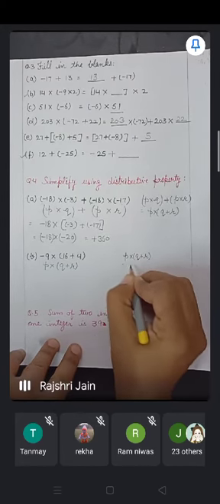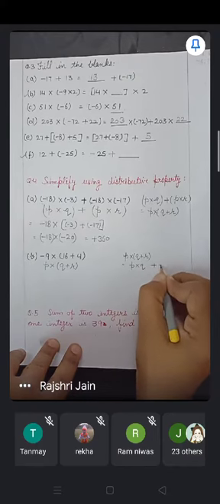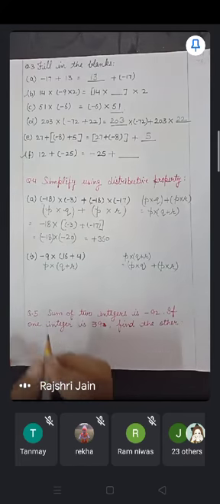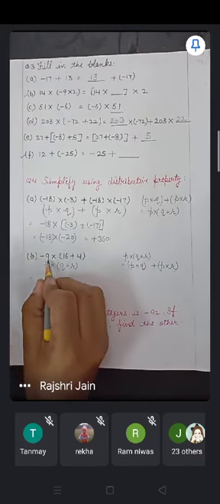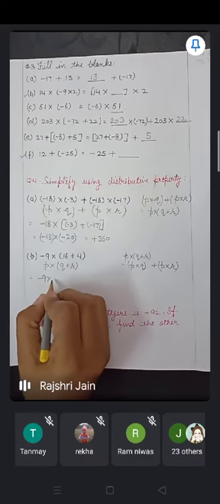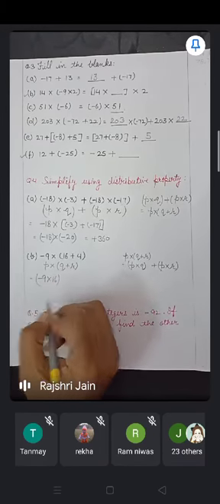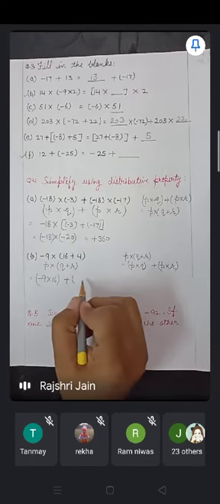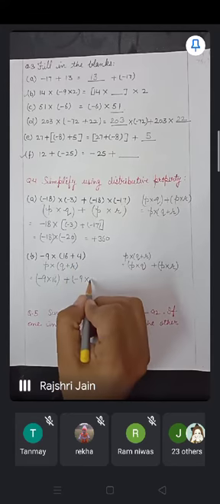Its value is P into Q plus P into R. Put brackets. Okay, so just put the value P into Q. P is -9 into Q is 16, bracket close, plus P into R. P is -9 into R is 4.